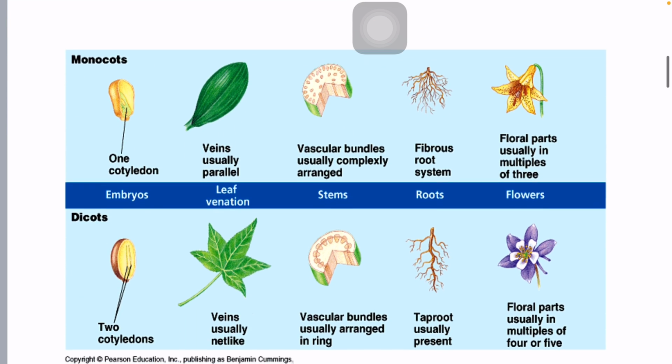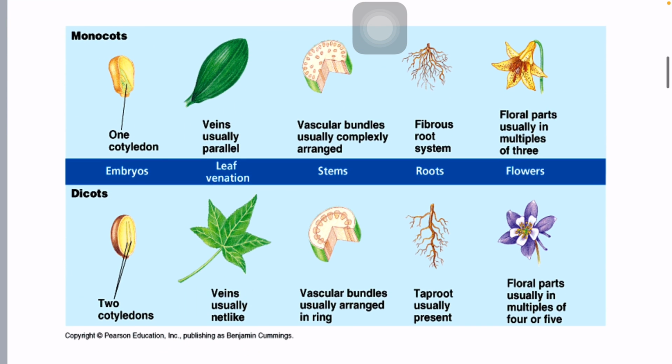This is the example features for monocots and dicots. Monocots only contain one cotyledon and the leaf venation is usually parallel. Vascular bundles are usually complexly arranged. It also contains a fibrous root system and floral parts usually in multiples of 3.